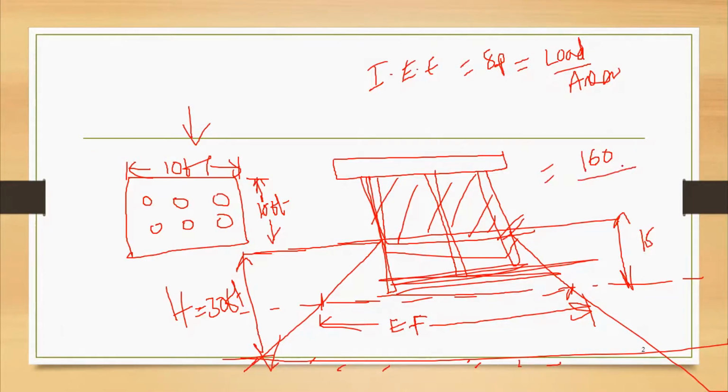Total load acting is 160, divided by the area, which is very clear, 10 multiplied by 10, because you know this dimension is 10. So all 4 sides you will assume 10 by 10. You are simply coming down.